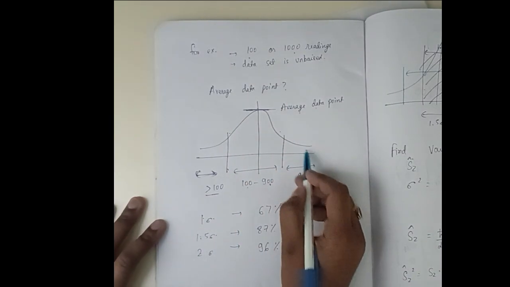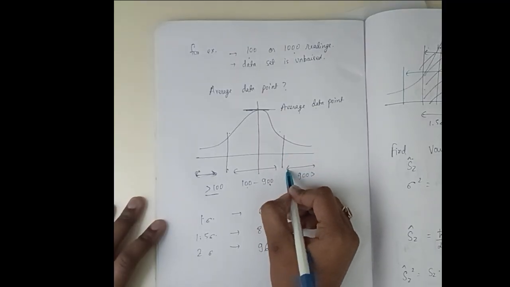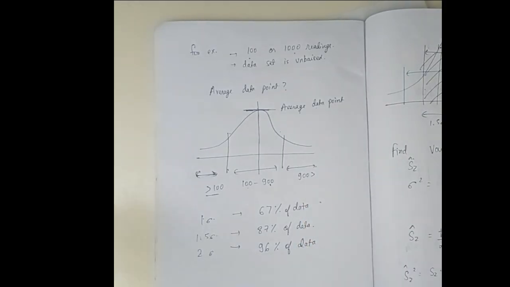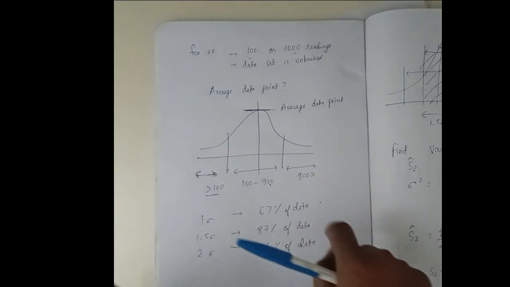The leftover area, from above 900 to 1000 or more than 1000, also comes here.